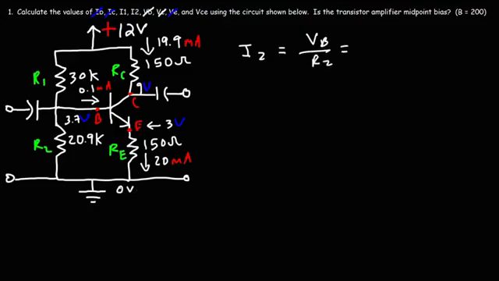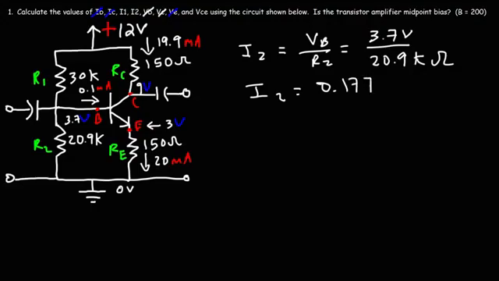That's going to give us the current flowing through R2. So VB is 3.7 volts. R2 is 20.9 kiloohms. Now keep in mind, when you divide volts by kiloohms, you're going to get the current in milliamps. So 3.7 divided by 20.9 gives us a current of 0.177 milliamps. So let's write that here. And let's highlight that in red.